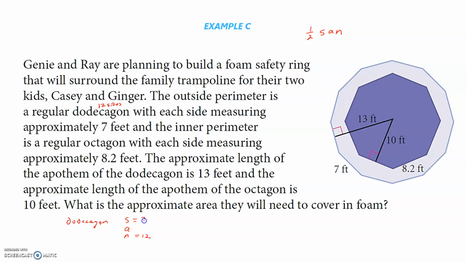That's S, the length of each side. Okay, the inner is a regular octagon. So I need S and A and N for the octagon. An octagon has 8 sides, so N is equal to 8. It says each side measures approximately 8.2.